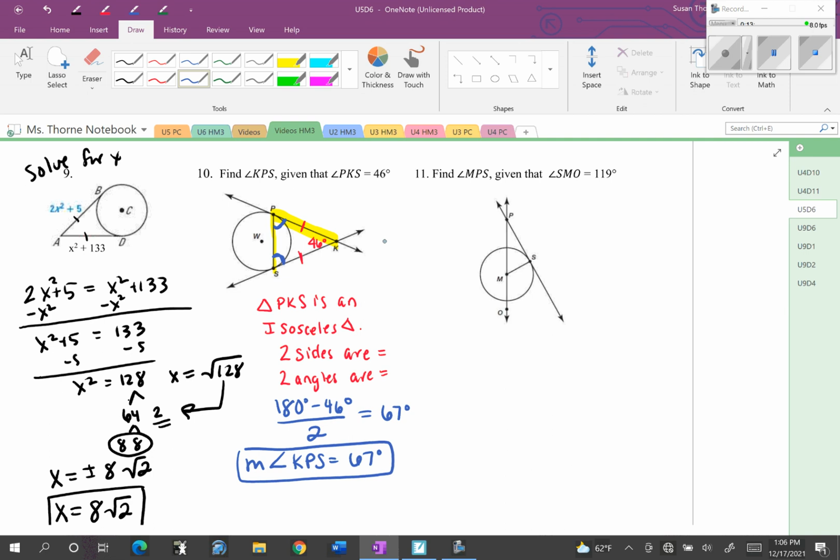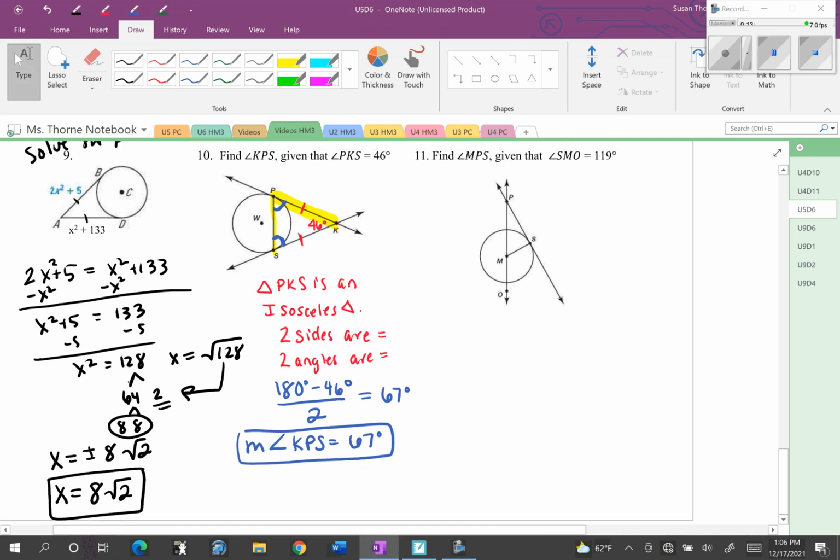And looking at the last problem, number 11, it says find the measure of angle MPS, so M to P to S, given that SMO is 119 degrees. So SMO, of course, is on this side. So we're saying that's 119 degrees. And of course, we know these two lengths are equal to each other.